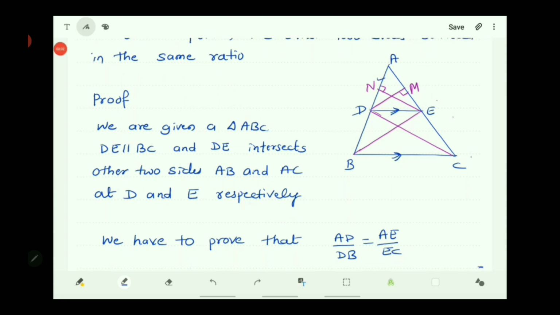You know the formula to find the area of the triangle: area of the triangle equals half into base into height.